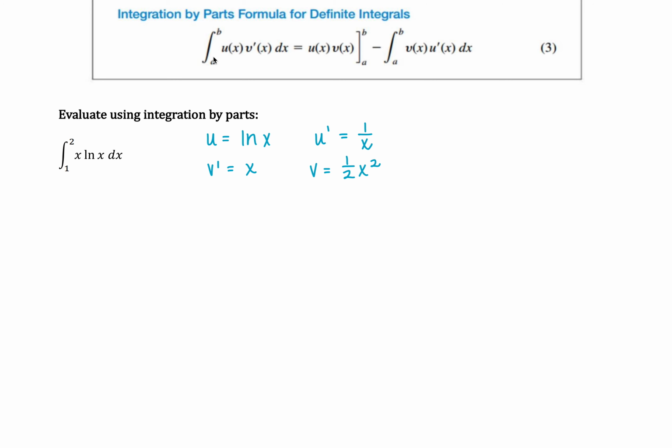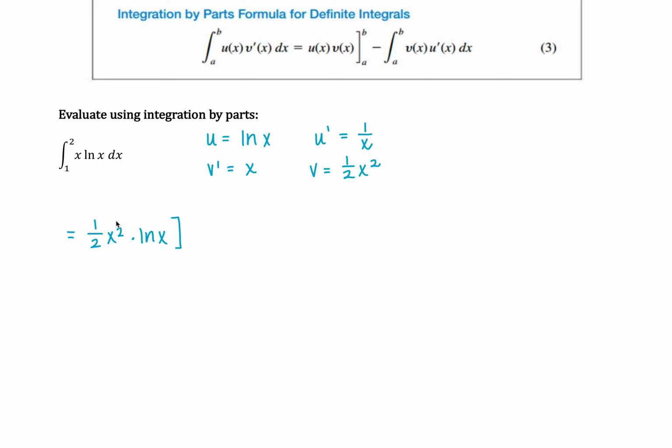You can see here the formula, it's u times v prime. So I've labeled the natural log of x as my u, the x is my v prime, and here's my dx. Now I'm going to rewrite it just following that formula. It's going to be u times v, so in this case, the natural log of x times 1/2 x squared. Since I'm multiplying, I'm going to reverse the order and write this as 1/2 x squared times the natural log of x.